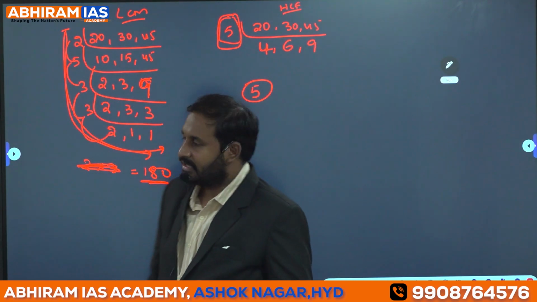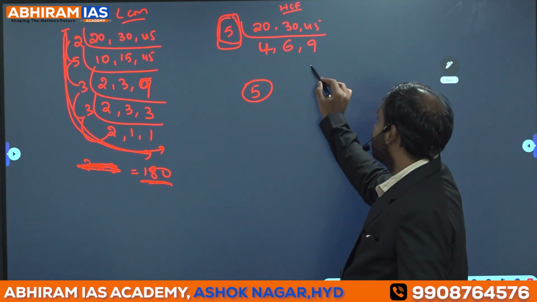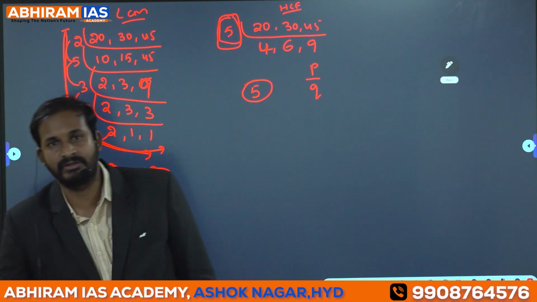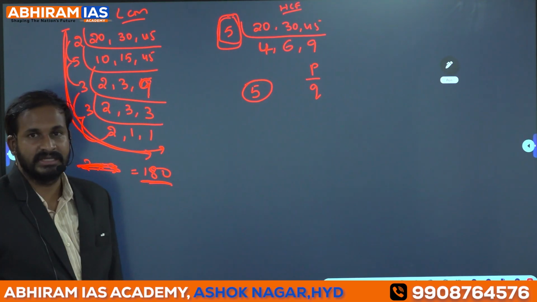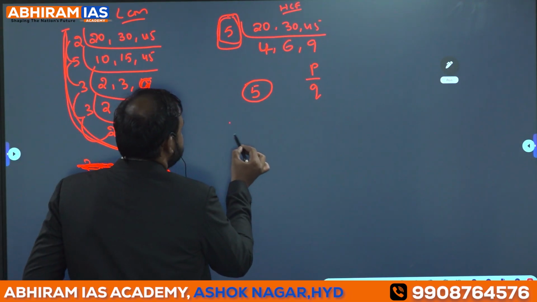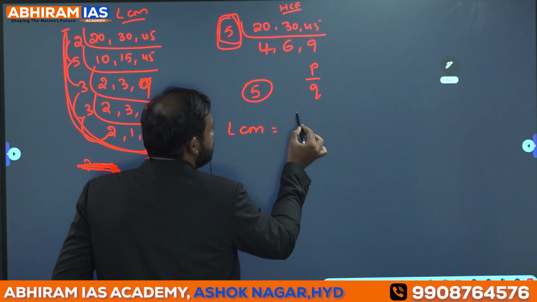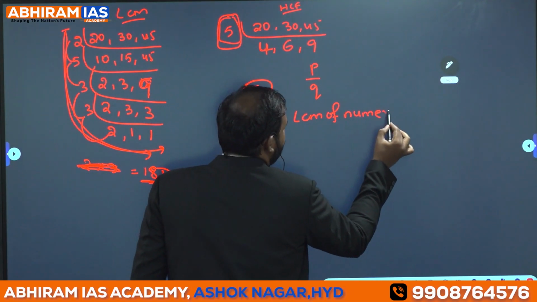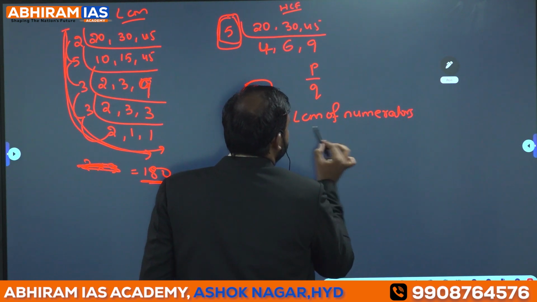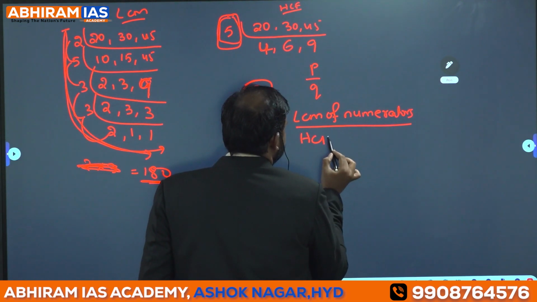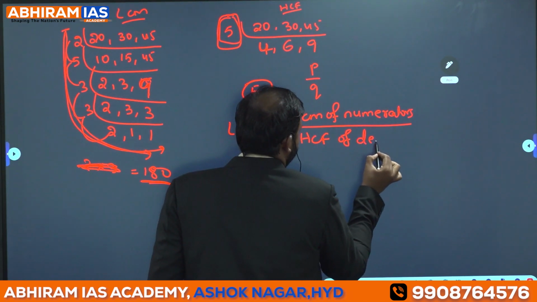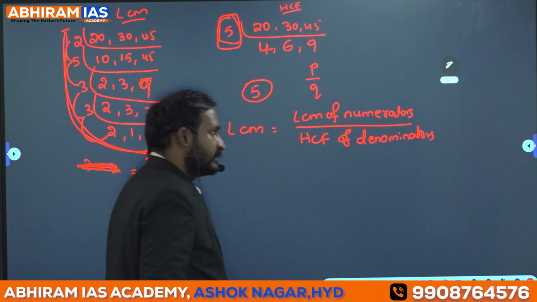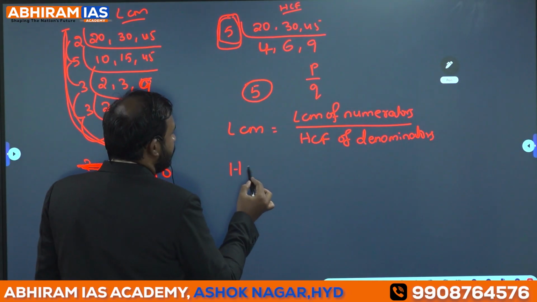These are general things. Next, if the given numbers are in p by q form, that means in case of fractions, how are we going to find the LCM? LCM of numerators by HCF of denominators. And to find the HCF, what we are going to do?